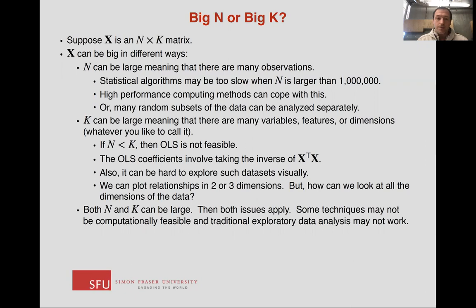Right, so you might use these high performance computing methods, or another strategy, if you do want to do analysis on your own machine, you could sample random subsets of the data, analyze them, and then bring them together later on. So we've discussed the bootstrap as a resampling method, and this random subset method is somewhat similar to it. But the idea is pretty simple.